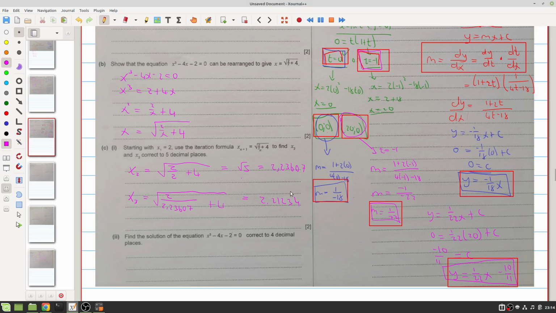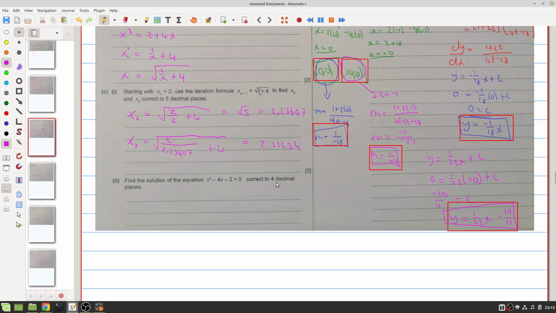Now find the solution of this equation correct to 4 decimal places. So we have to keep going with this formula until the first 4 decimal places round off to the same first 4 decimal places. Let's go to x4, which will be the next one. So x4 is going to be the square root of 2 over this whole thing, 2.21234 plus 4.